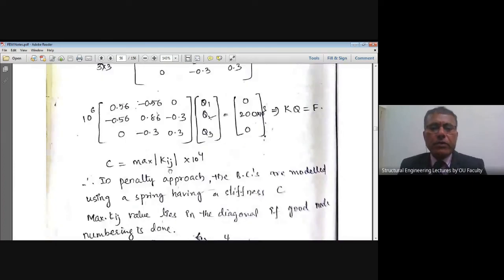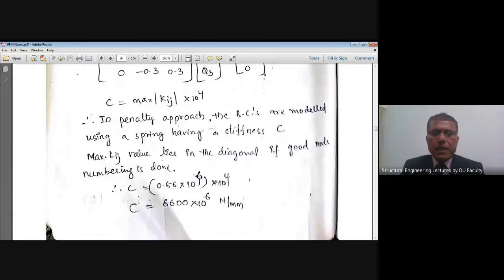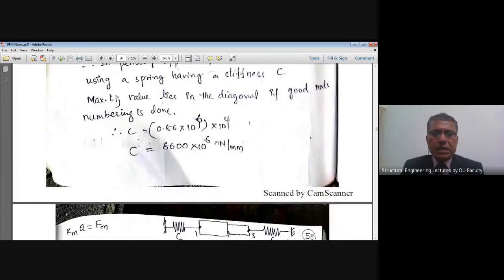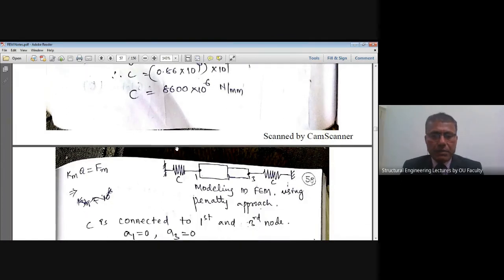I'll recall that value of maximum Kij and multiply 0.86 times 10 to the power 6 with 10 to the power 4. This means the stiffness value is multiplied by 10,000, 10,000 times more stiffness in terms of Newton per mm, which is 8,600 times 10 to the power 6 Newton per mm.